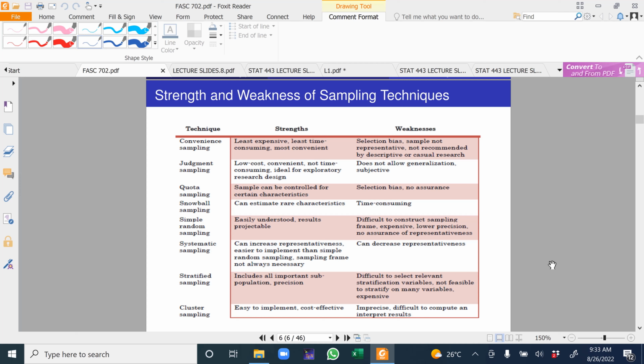It's all about what you want to achieve and how you want to achieve it. That way you'll be able to identify the correct methods of sampling, the correct technique of sampling, and also know how you can select elements to form part of your samples for the analysis.